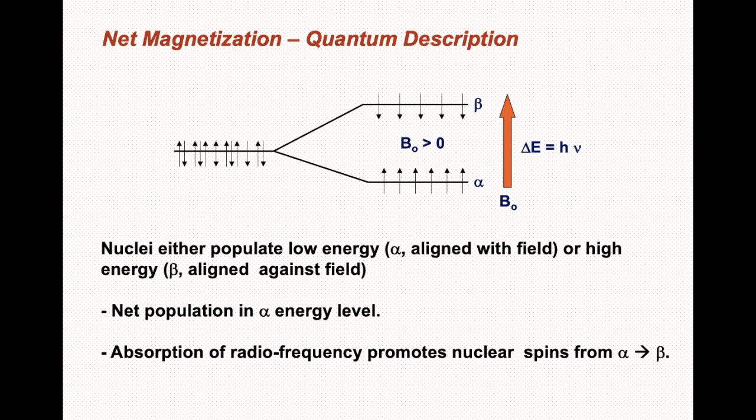In a nutshell, according to the quantum mechanical description, when a magnetically active nucleus is placed in an external magnetic field, we can see a separation between the two nuclear energy states.